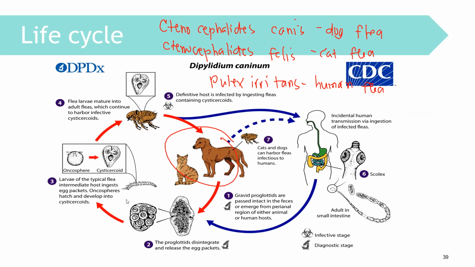Therefore, we have proglottids that contain the egg packets of Diphyllidium caninum. It will develop into an oncosphere and then a cysticercoid larva, which will be consumed by the fleas, which harbor the infective stage of the parasite, the cysticercoid. It will then be consumed accidentally by a human, and the life cycle repeats itself.